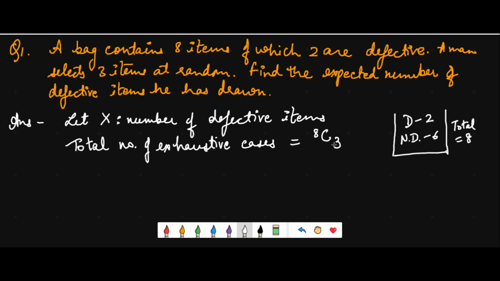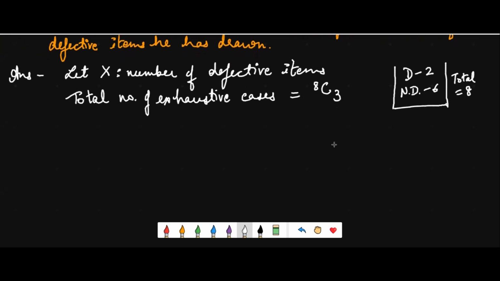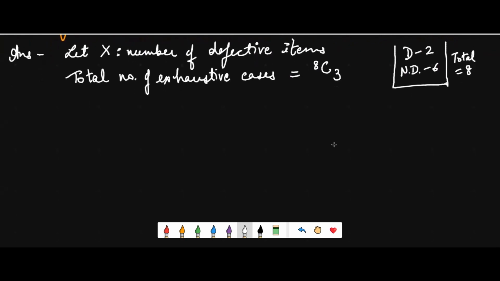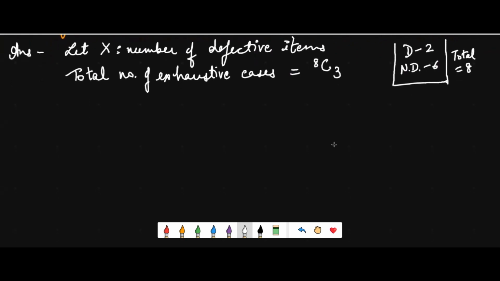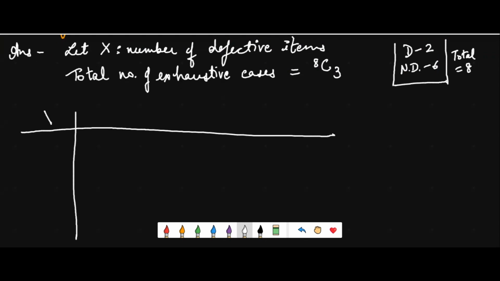So let us make a table in which we'll be talking about the X with respect to their respective probabilities. As I have taken X as the number of the defective items, I'll be creating a table. Now what all values of X are available to us? As we know, there are only 2 defective items.